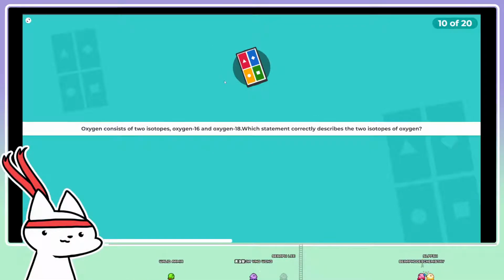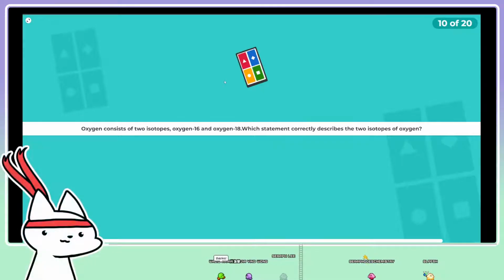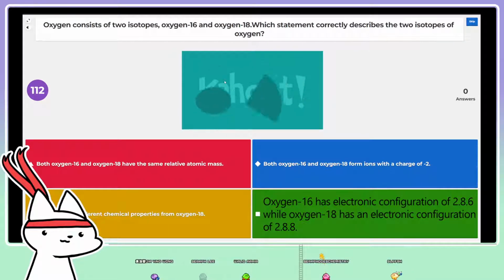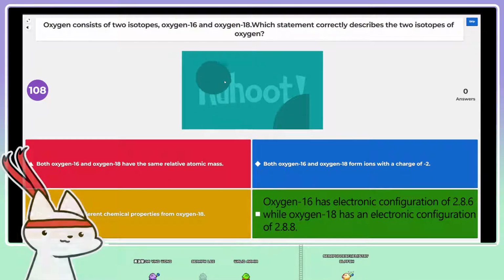Oxygen consists of two isotopes. There will be 16 and 18. So be careful whenever they write a big number next to the element, the 16 and 18 refers to mass. They're mass numbers.